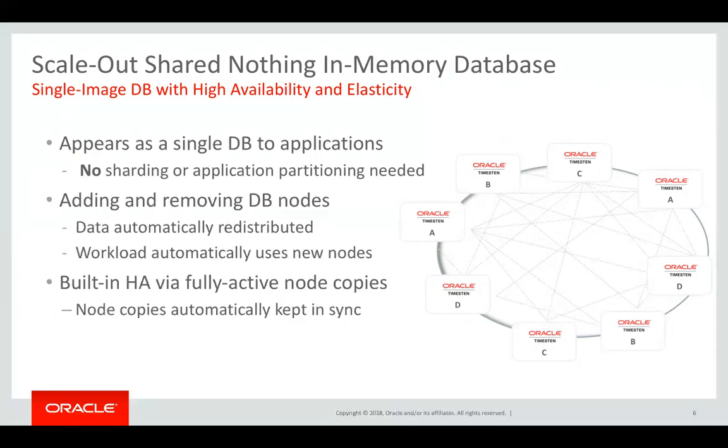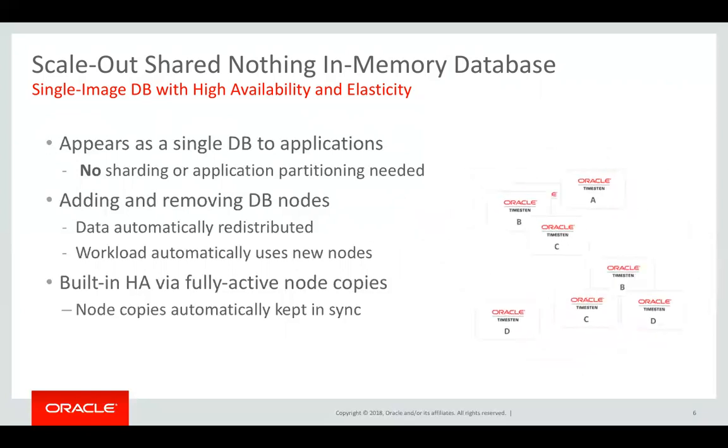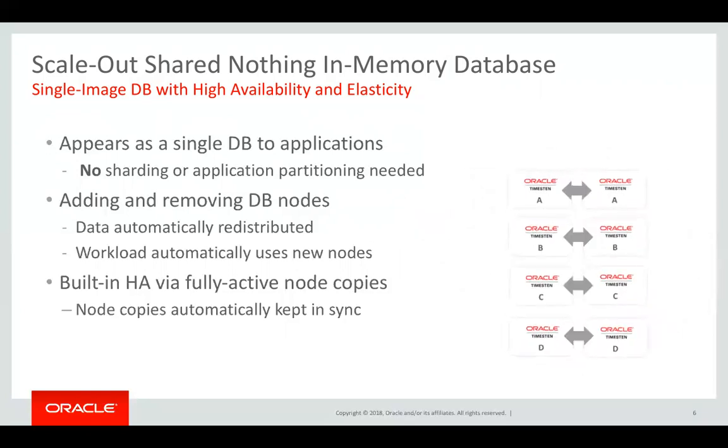TimesTen Scaleout features what we call built-in high availability, using fully active copies of nodes. And these node copies are automatically kept in sync as transactions run without requiring any application intervention. So it is a scale-out, shared nothing, and fault-tolerant in-memory database architecture.